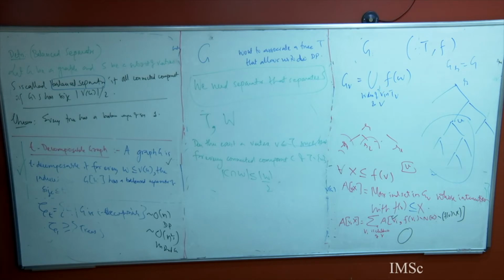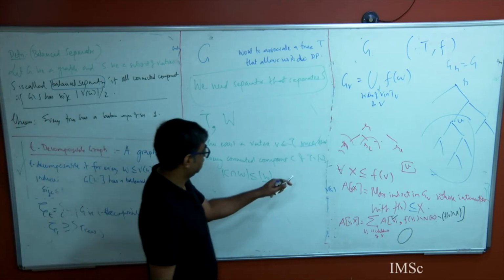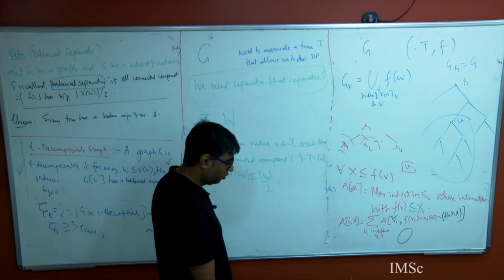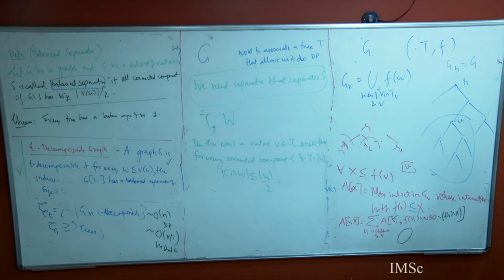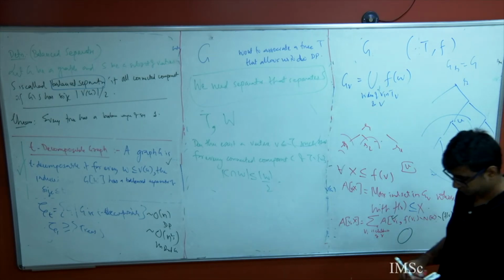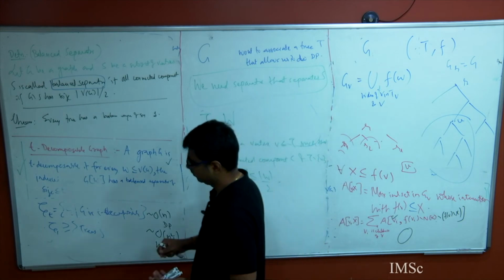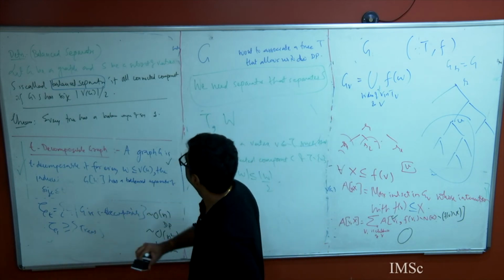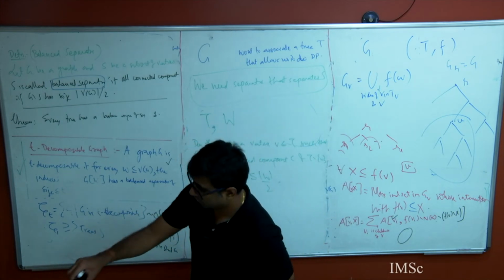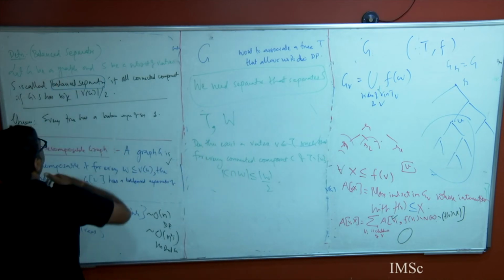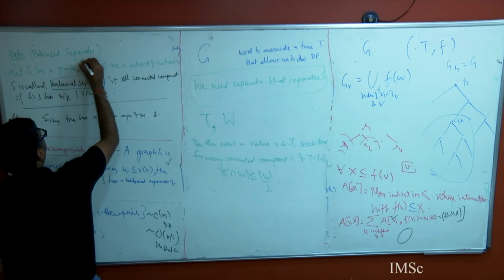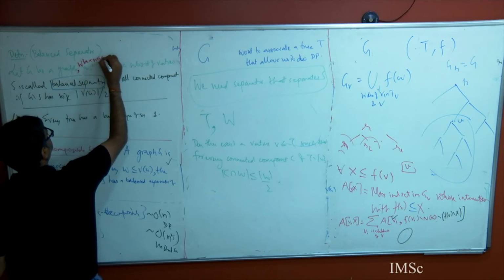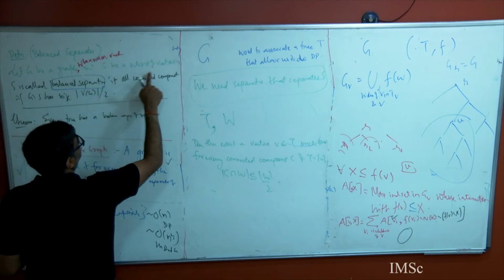Up until now I was talking about a balanced separator with respect to the size of T. I said no, I gave you a prescribed set, can you shatter it? Okay. So now let G be a graph, W be a subset of vertices and S be a subset of vertices.